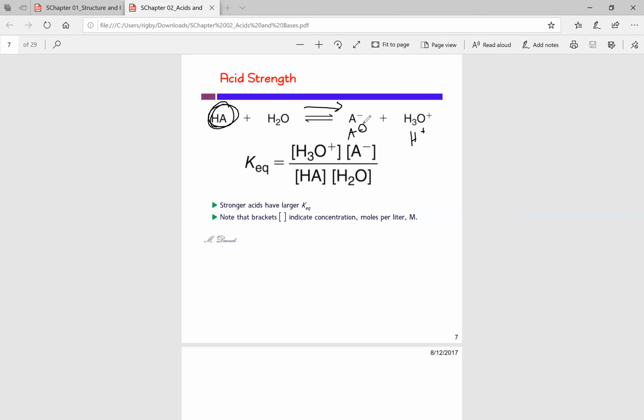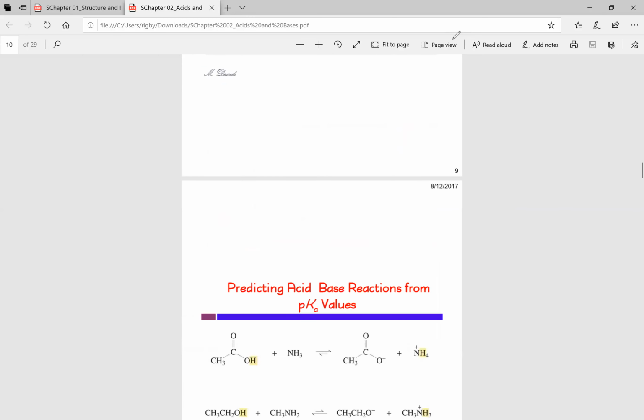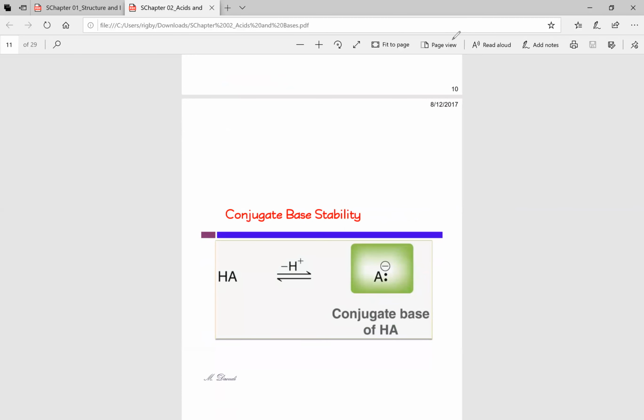A strong acid is one that readily dissociates into its proton and its conjugate base. So the more stable the conjugate base is, the more likely the acid is going to become its conjugate base and its proton, and the stronger that acid is. And so we're going to be using that base idea to figure out how strong our acids are.